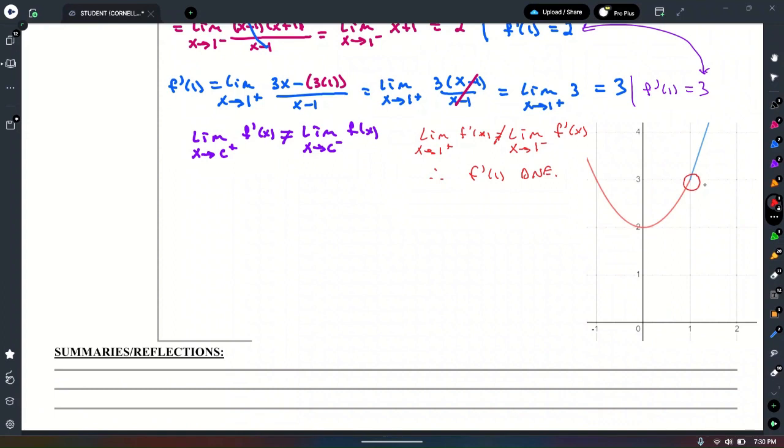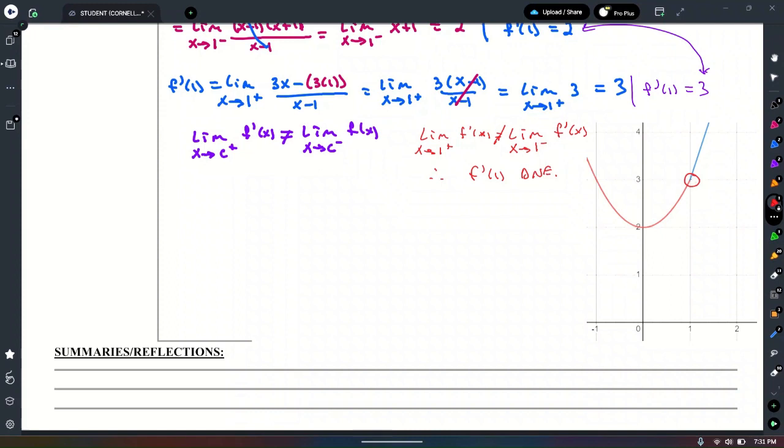If you were to zoom way in at this point, this is a linear function, that straight line, and this is a quadratic. It has this nice smooth curve. So even though these two things are continuous, where they meet there is a bend. It's a sharp corner. If we were to zoom in a lot, you could see it a little bit better.